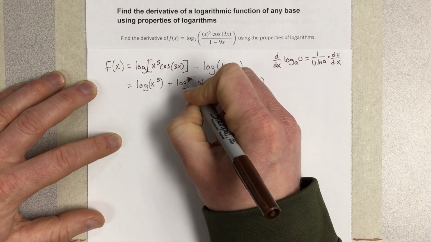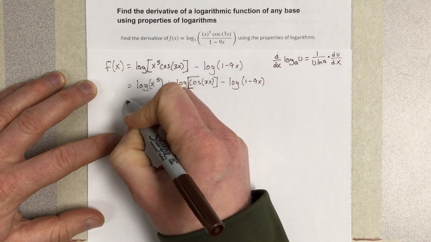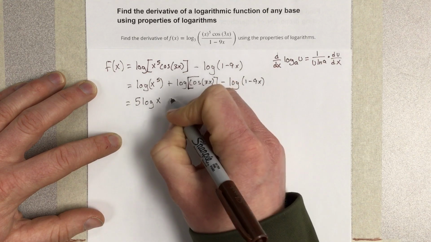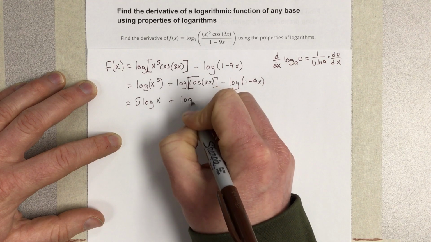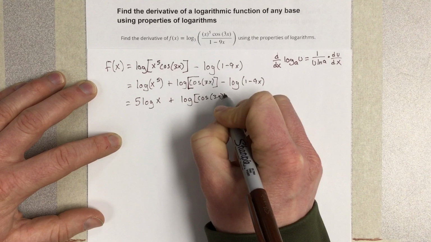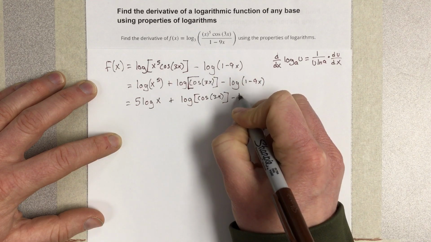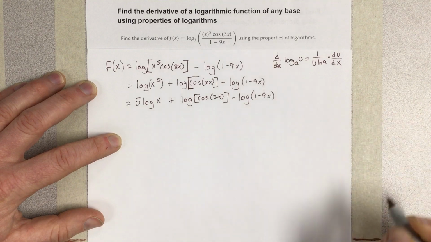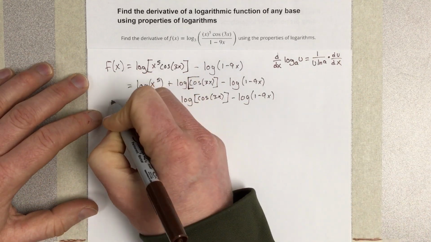Now I can bring the 5 to the front, so I have 5 log x plus log cosine of 3x minus log 1 minus 9x. So now I can actually do the derivative. So that's f of x.